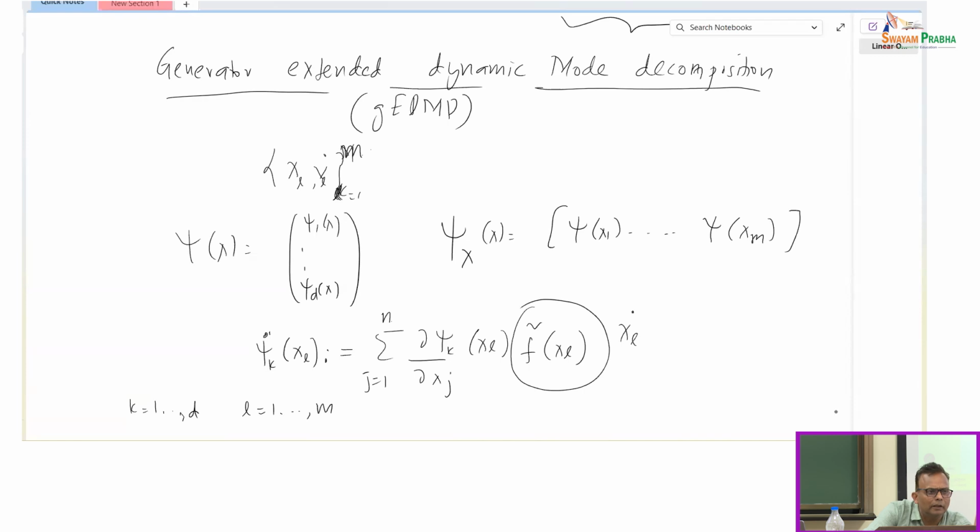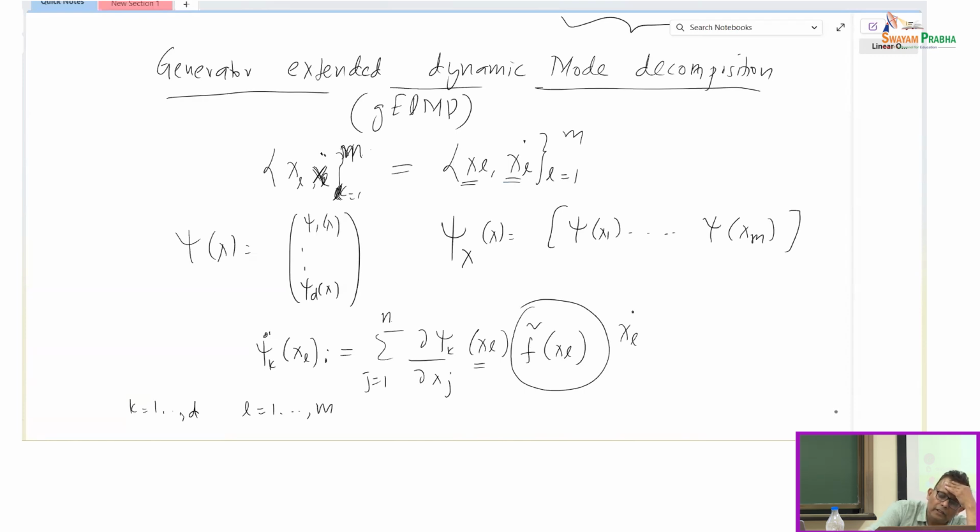F tilde is the vector field, which I don't have information about, but I have the information about f tilde in the form of x l dot, which I have at the beginning, I'm assuming. So I have x l dot for l equals 1 to m, where x l dot is this quantity f tilde, the vector field.